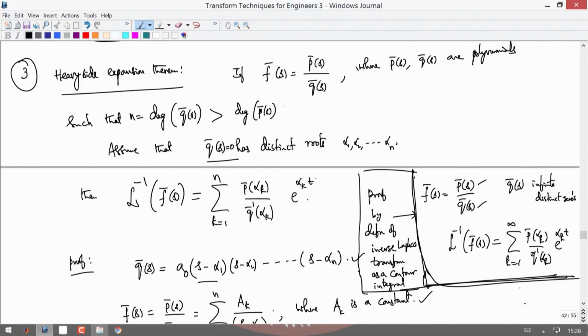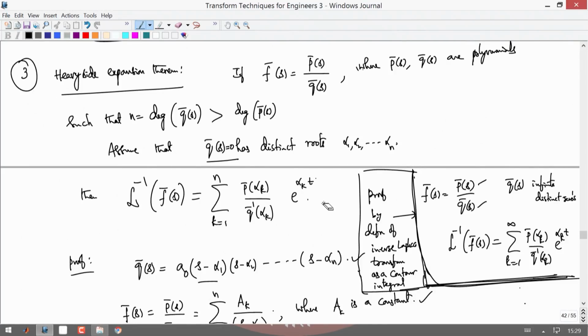If q bar has only finitely many zeros, this works. But this also happens to work the same way for infinitely many roots, but the proof is different. You can prove this if you consider p by q, where q has infinitely many distinct roots, then this is true.